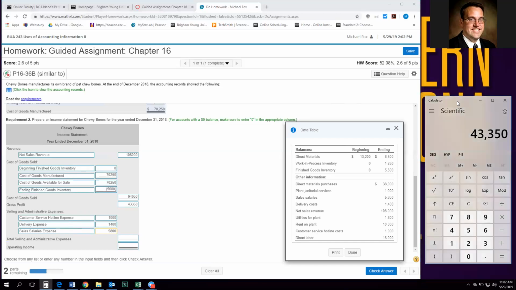Add those all together, and that's going to give us our total selling and administrative expense. And then our gross profit minus our selling and administrative expense will give us our operating income.